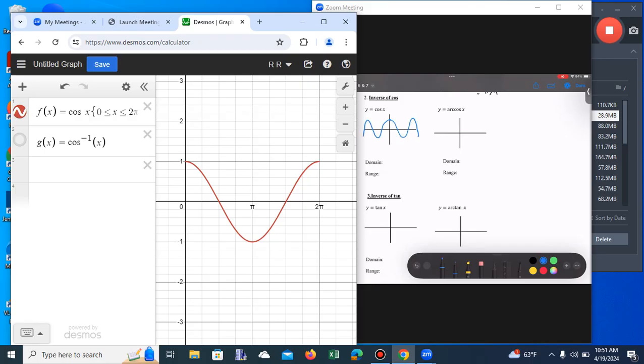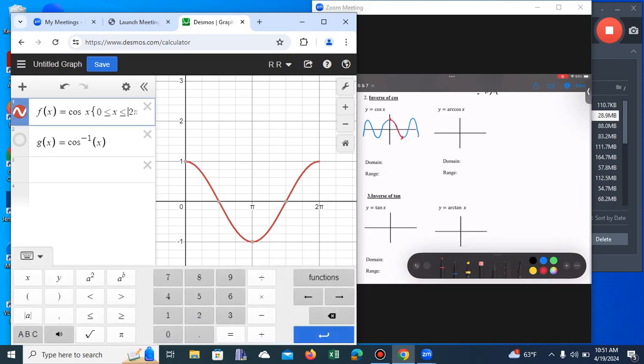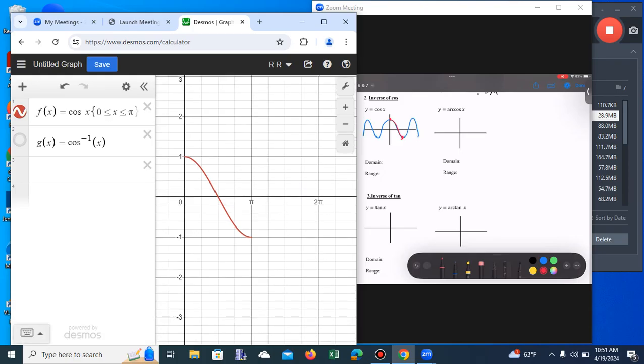So what we want to do is we want to restrict it from here to here. So from 0 to pi. And that gives us something that does pass the horizontal line test.